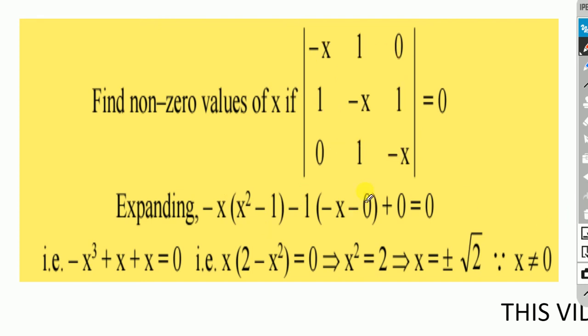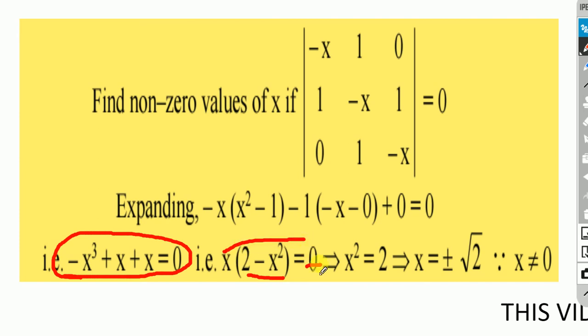So now this will be minus x cube here, minus x into x square is minus x cube, minus into minus plus x, minus into minus 1 into minus x is plus x here. So I will take x common, that is minus x cube plus x means minus x cube plus 2x. I'm taking x common, so that I have 2 minus x square, which is equal to 0.